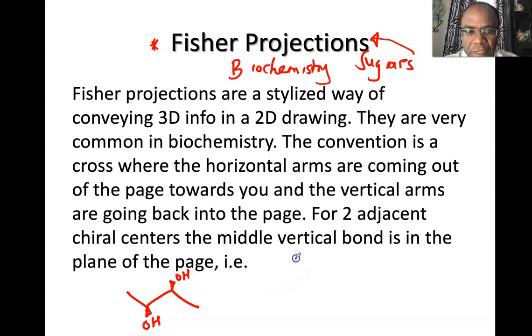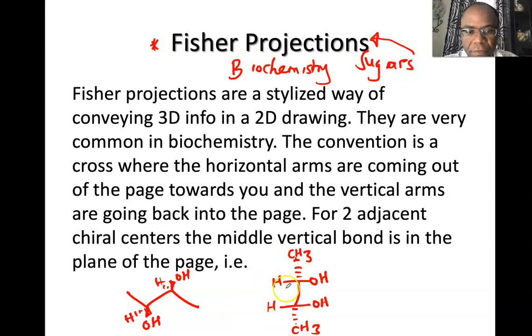Instead of drawing the sawhorse, probably you can define the stereochemistry. One will draw a straight line, or a vertical line, sorry, where the tail and the head will be at the polar ends. And then these OHs, okay, will be on horizontal lines. You know, there's a hydrogen here. There's a hydrogen here. So those ones will be on horizontal lines.